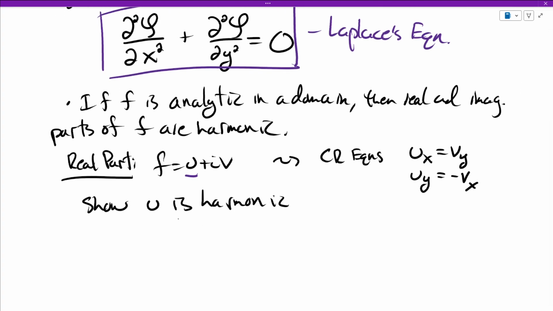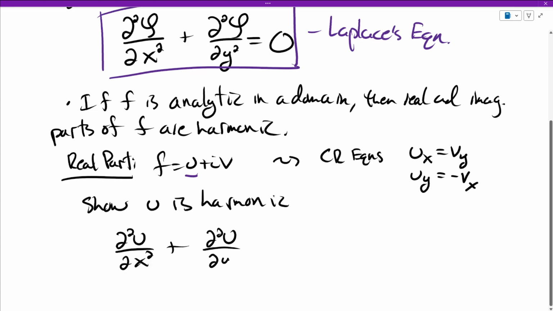All right. So let's look at partial squared u, partial x squared, plus partial squared u, partial y squared. We're going to make use of Clairaut's theorem, which tells us that if our functions are nice enough, then the mixed partial derivatives commute.